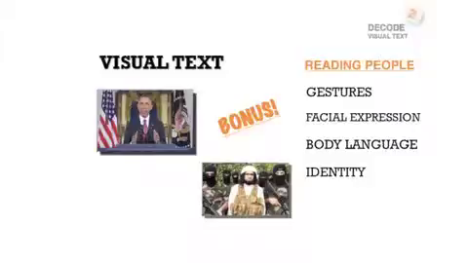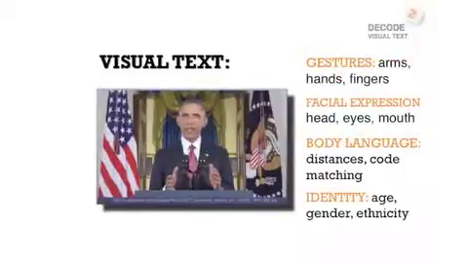And what does that mean? We'll take a look at the body language, meaning distances and code matching, as well as identity, age, gender, ethnicity. All of these elements are used subconsciously as we look at these things, and we're just going to bring these into the conscious forefront so that we can analyze them. So let's take a look at this one.